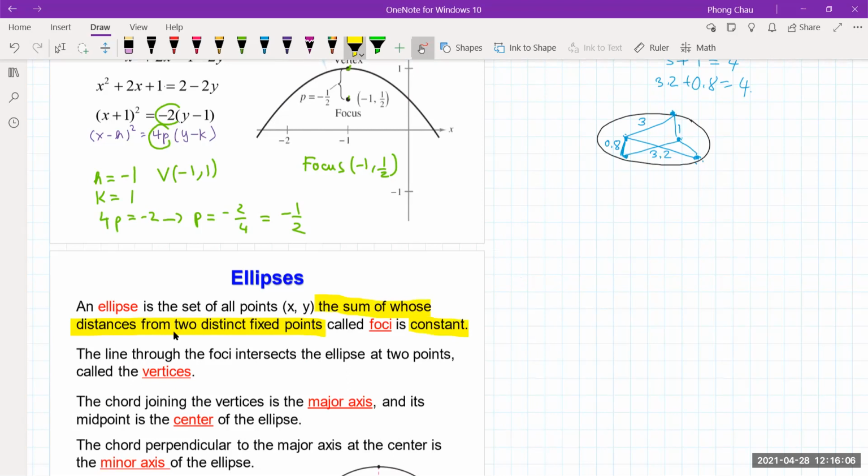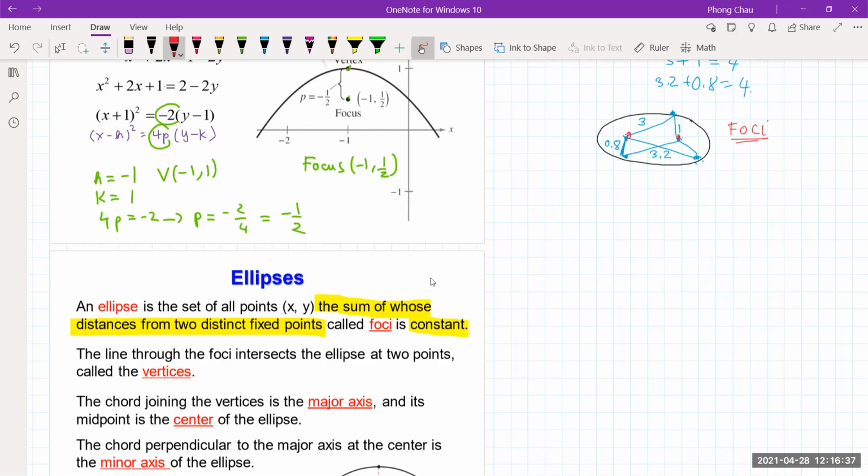If you take the set of all points x, y, and you look at the sum of whose distances from these two fixed points, it is constant. Those two fixed points are called foci. Foci is the plural form of focus.